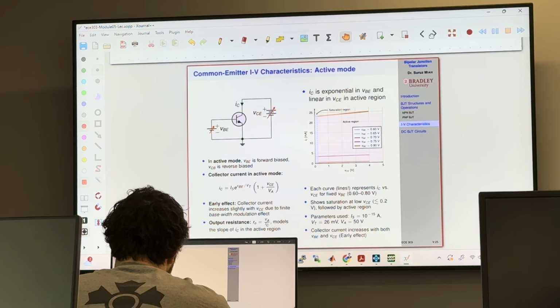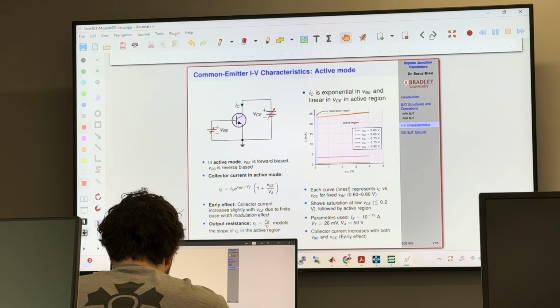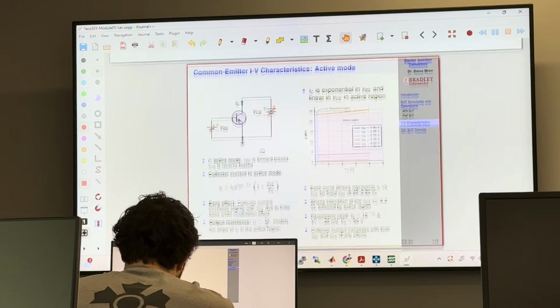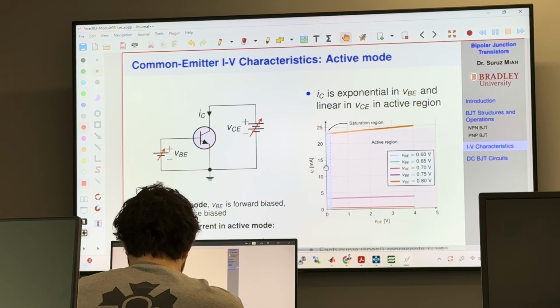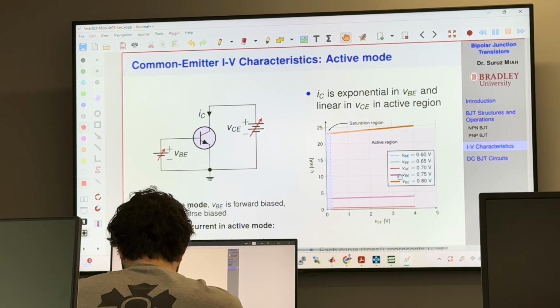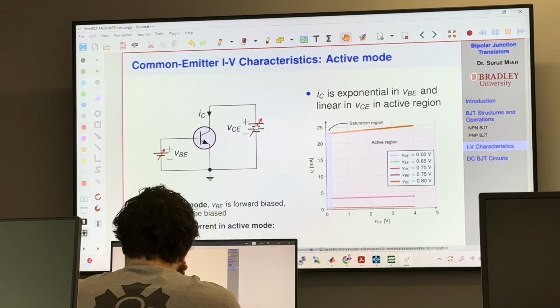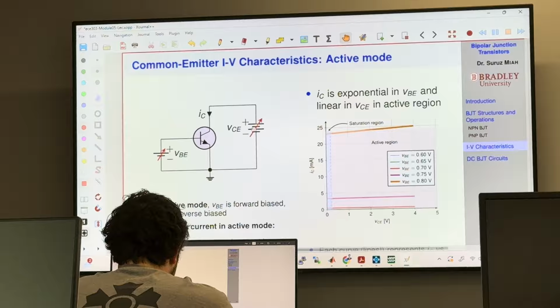That was for IC versus VBE characteristics. Now we see another type of characteristics, common emitter IB characteristics in active mode. In active mode, I'm not going to go through the theory, we went through it many times. You apply this voltage, VCE, voltage between collector and emitter.